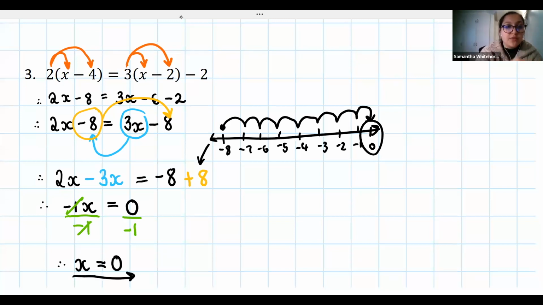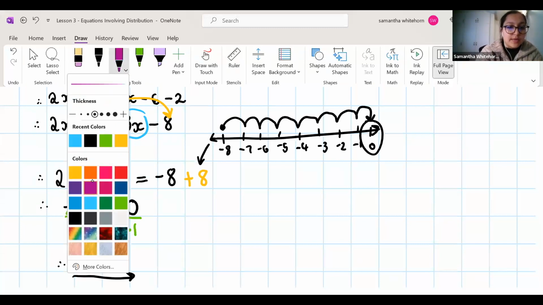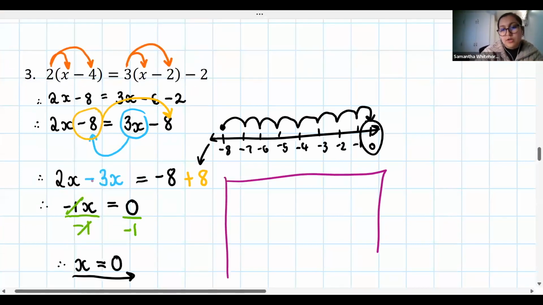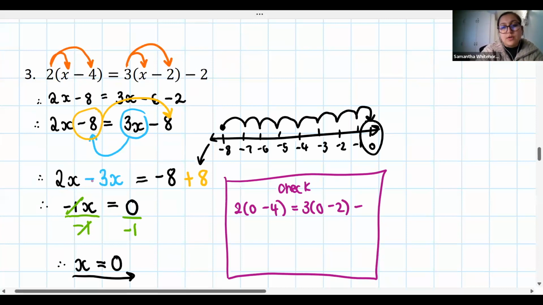You can do a check for yourself, and I think this one is worth a quick check because it was quite a tricky one, by substituting in. So if we now sub in our 0, we've got 2 times 0 minus 4 is equal to 3 times 0 minus 2 minus 2. So in the bracket, 0 minus 4 is -4.